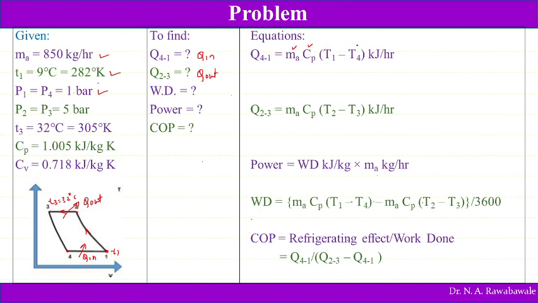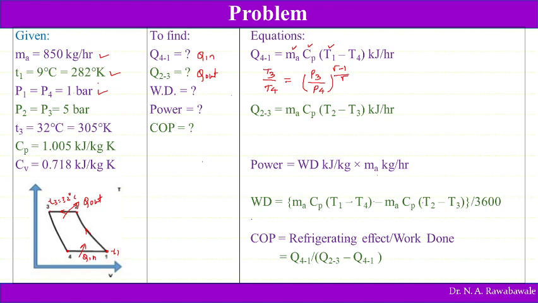To find T1 and T4: T1 is given, the unknown is T4. To find T4, we have to use the T-P relation: T3 divided by T4 is equal to P3 divided by P4 to the power of gamma minus 1 divided by gamma.